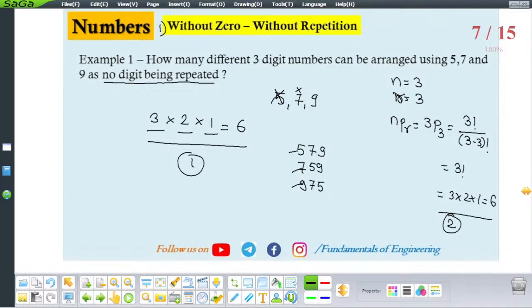You can comment in the chat box. In the next example, we will use either the first or the second method.